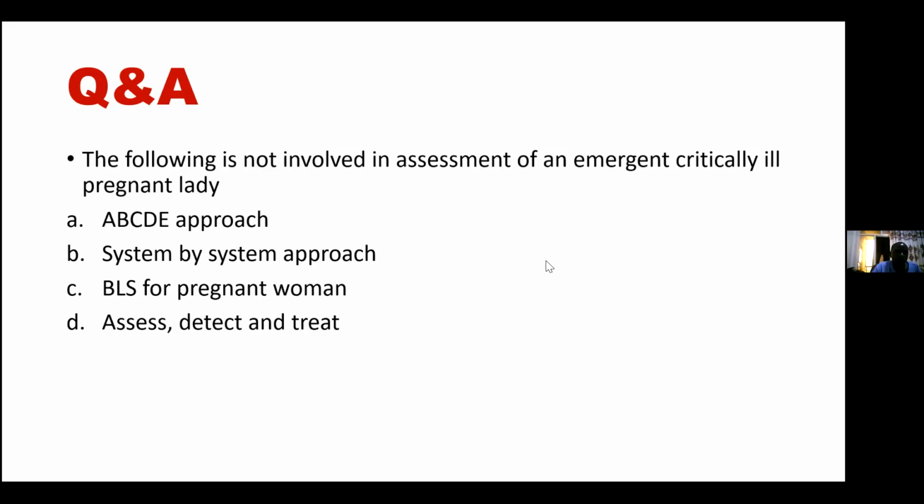So from the audience, which approach in the following is not involved in the assessment and management of a critically ill pregnant woman? ABCD approach. Some said system by system approach.